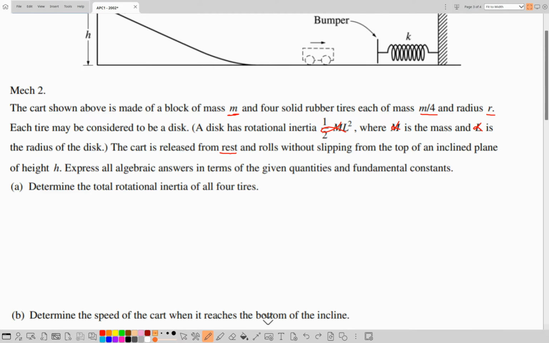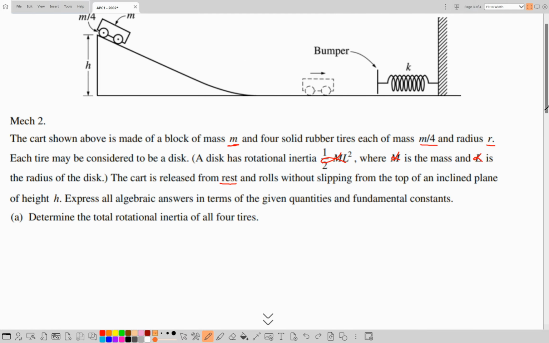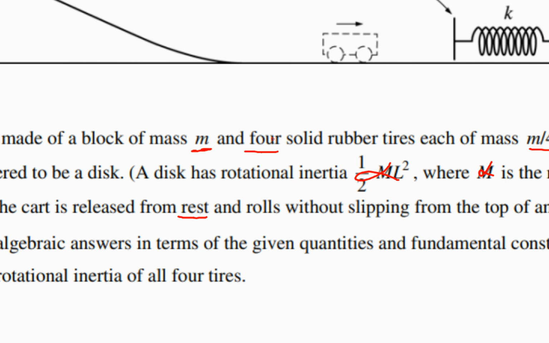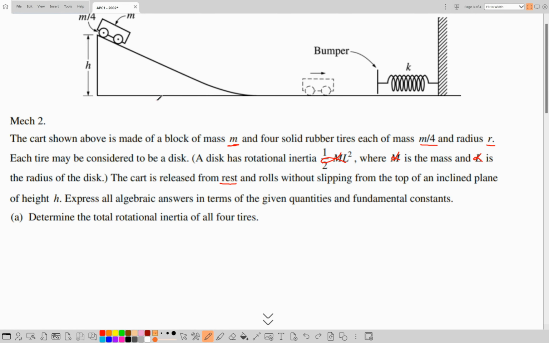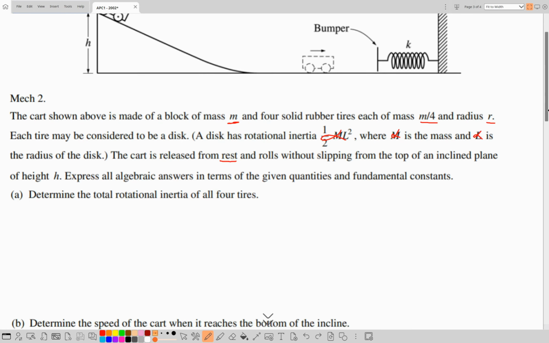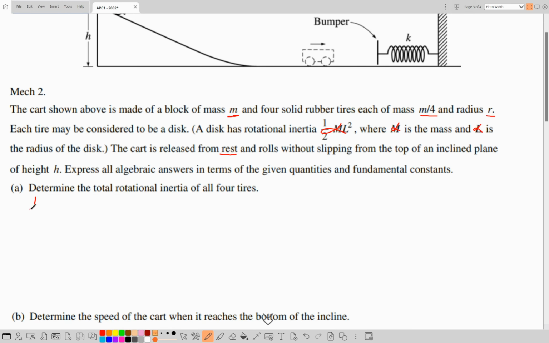So let's start by determining the rotational inertia of one tire, and we know that inertia is an additive quantity. Then we're going to simply multiply by 4 because we have 4 solid rubber tires. Although in the figure we have 2, remember that we should think about 3-dimensional vision. Now the rotational inertia I for one tire would be half the mass, which is m over 4, multiplied by the radius r to the power of 2, and that would be 1 over 8 mr square.